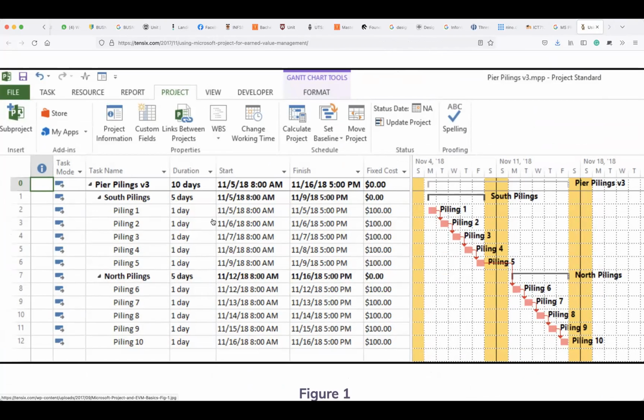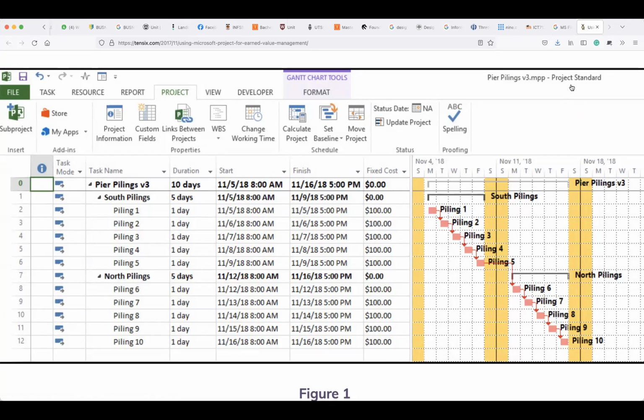If I know this is only one thing that's going to be done on day one, which is this one, 11 of the 5th, there's only one activity. So I know I am only planned to need $100 on this day. Second day, I also need this. So I know I only need 100 here, only 100 here, only 100 here, only 100 here. So you can see how I know what I'm planned to be needing at any point of time, because I can see from that image how much the costing is going to be for that particular activity.